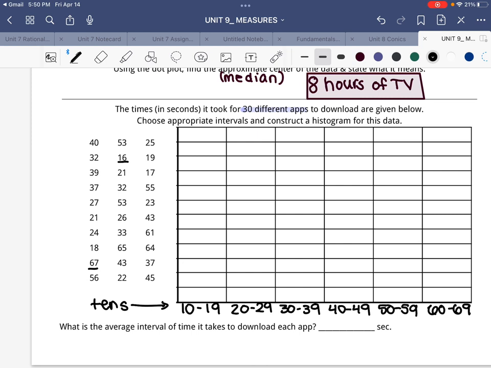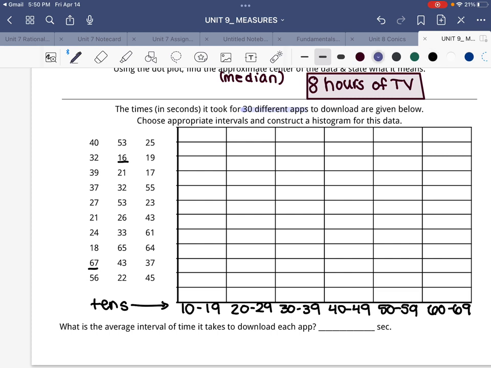So you have to pick an appropriate interval. If I had gone by 5s, it wouldn't be enough. And if I had decided to go by like 20s, I wouldn't get very many bars and it would be really hard to tell the actual difference. So you want to be specific enough that you get good bars on your bar graph, but not too specific that you don't have enough room to do the intervals.